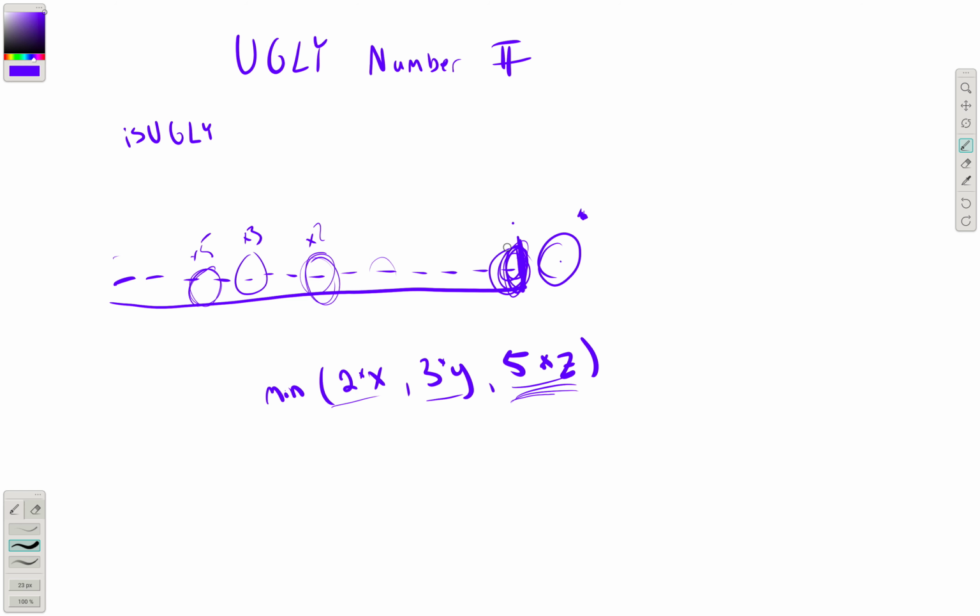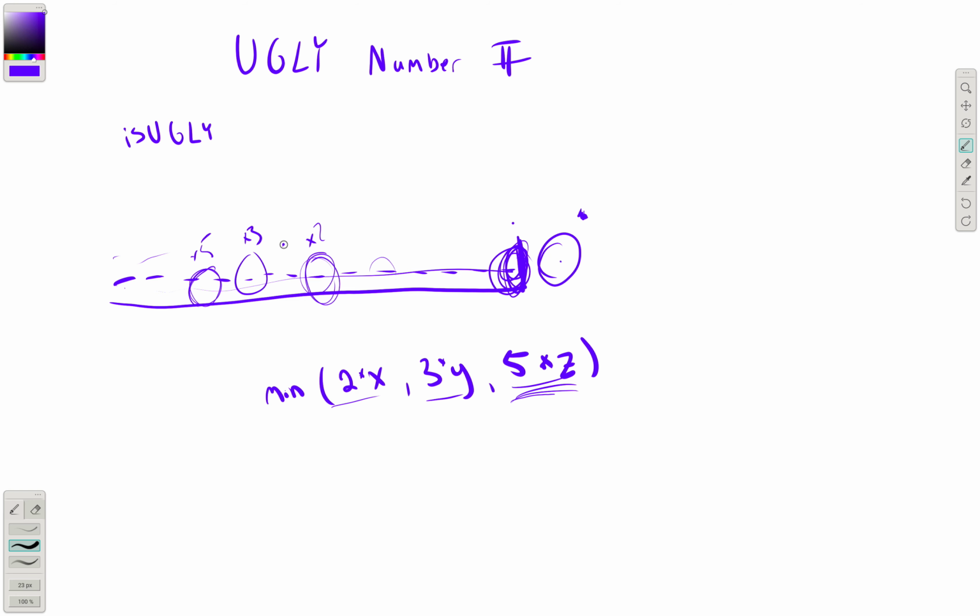Okay, so that is the idea. So how do we find this x, y, and z? Do we just traverse the whole thing and try all of them? Well, no, we wouldn't have to do that. All we would have to do is go until 5 times any of these numbers is just over the last one, 3 times any of these numbers is just over.